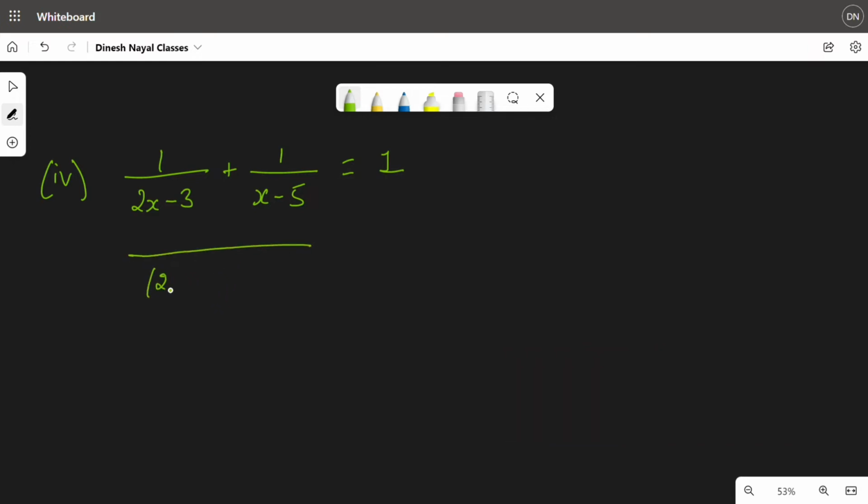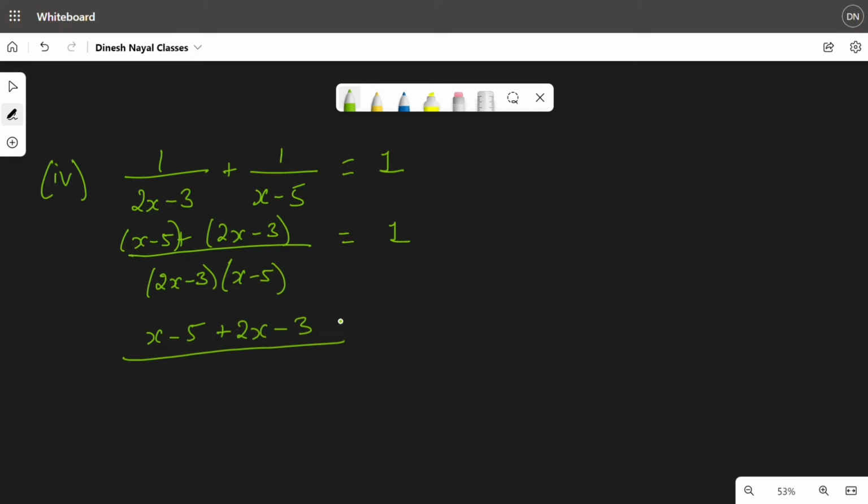Now taking the LCM, this will be 2x minus 3 and this will be x minus 5. Now this will be x minus 5 plus 2x minus 3, that will interchange basically, which is equal to 1. Now solving this. First of all, opening the bracket, so that will be more clear. So x minus 5 plus 2x minus 3, and now multiplying this.